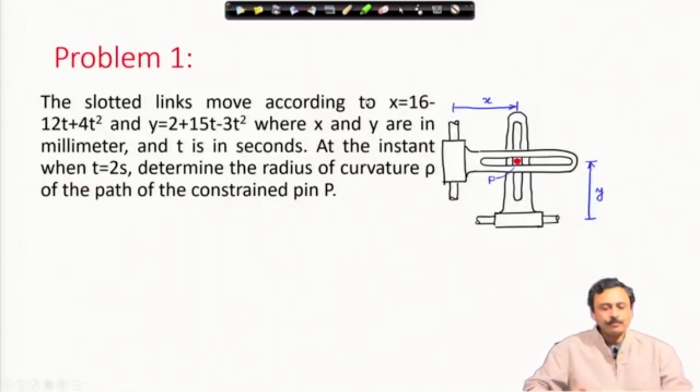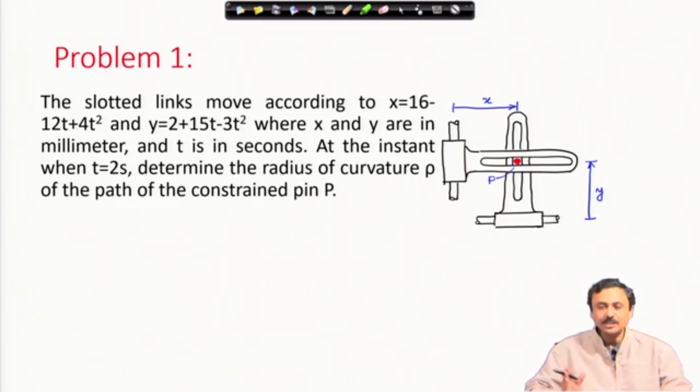So, this is an example. The slotted links move according to this expression of x and y as functions of time, where x and y are in millimeter. So, I have two expressions: one is of the vertical slot moving horizontally, so its x location is given by 16 minus 12t plus 4t square, and there is a horizontal slot moving vertically.